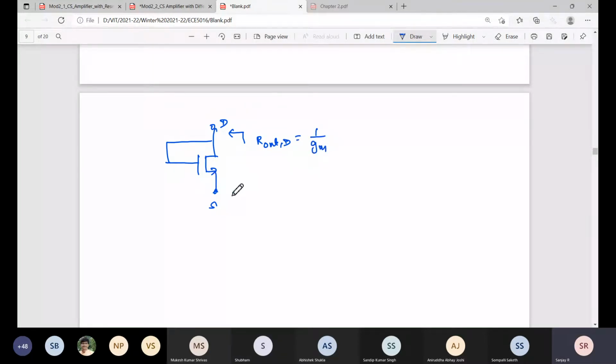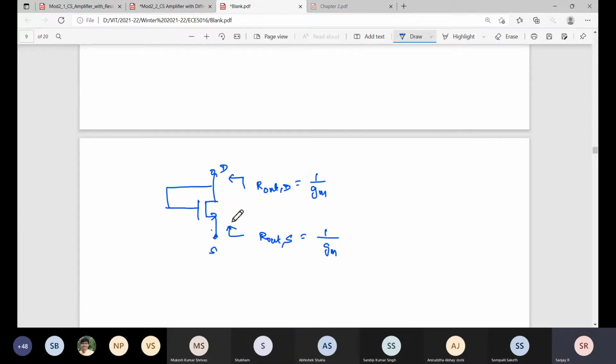What is the impedance looking from the source terminal? 1 by gm, with some body effect, but you can approximate 1 by gm. So you can see that with gate and drain connected, wherever you are looking, the impedance is 1 by gm. Am I right?